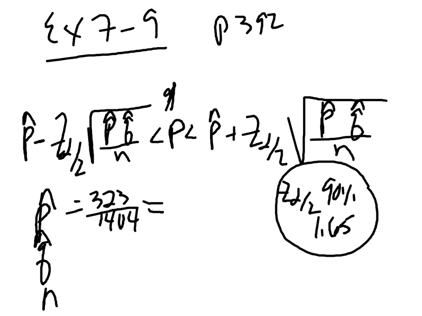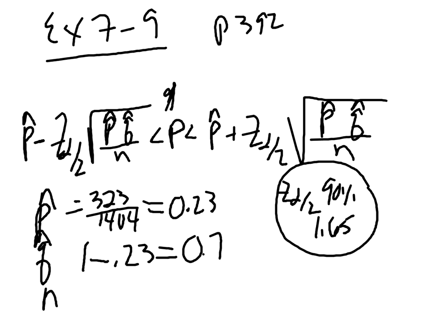And I'll take the book's word, that's 0.23. Well, if we know that p hat is 0.23 and that q hat and p hat are complements of each other, 1 minus 0.23 or 0.77 would represent the students that did not pay for their education by student loans. We had a rather big sample size, which was 1,404.